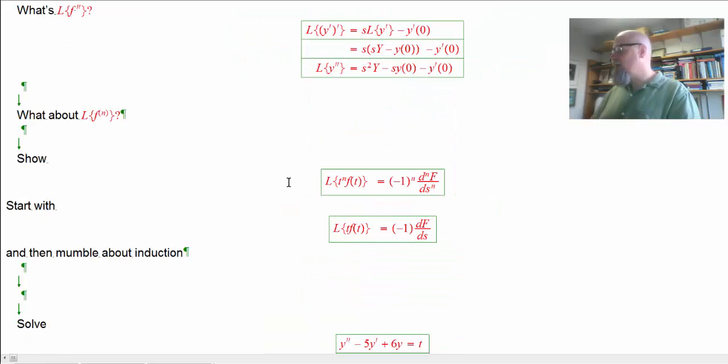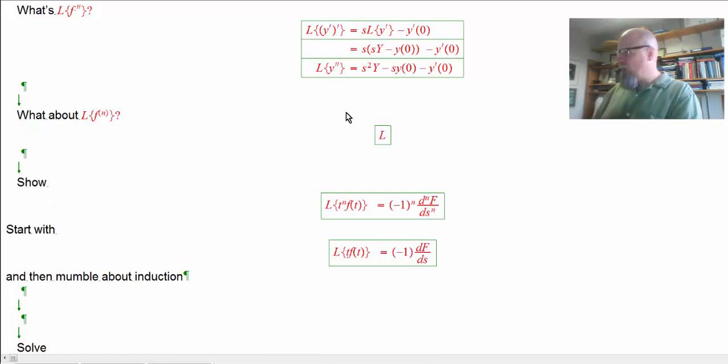So now I can take the Laplace of the first derivative and the Laplace of the second derivative. I guess I can take the Laplace of the third derivative as well, but let's jump right down to where we take the Laplace of the nth derivative and see if we can see a pattern here. If I wanted the Laplace of the nth derivative, I'm thinking of that as the Laplace of the n minus 1 derivative, primed.